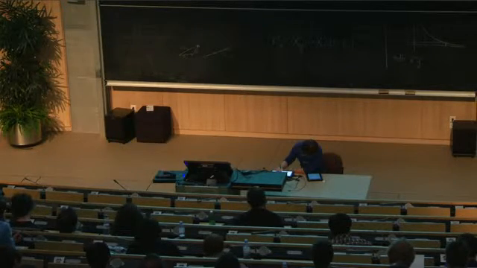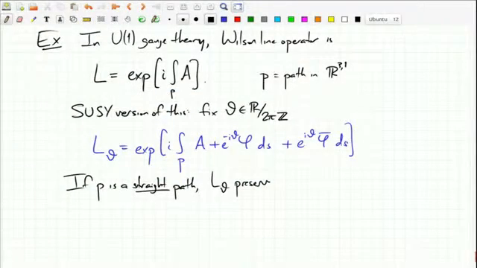In U(1) gauge theory, what's the Wilson line operator? That's easy enough to write. L for the operator, because it's a line, is just the exponential of the integral along some path of the gauge field A. So okay, that's a fine operator.